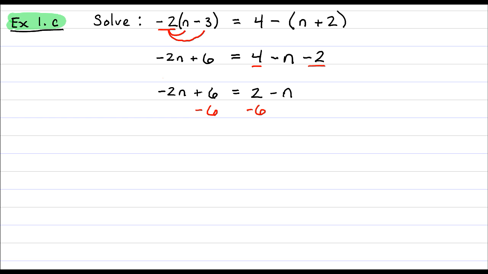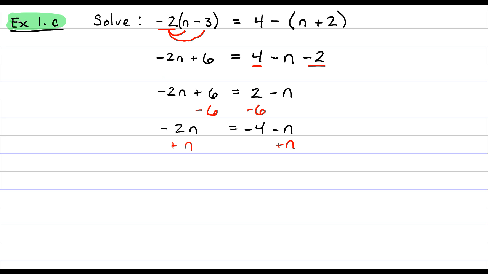Now, that's going to leave me with minus 2n on the left-hand side. But then on the right-hand side, I have 2 minus 6, which is minus 4, minus n. Okay? So I need to get all of the n's on the left-hand side. So I'm going to add n to both sides of the equation.